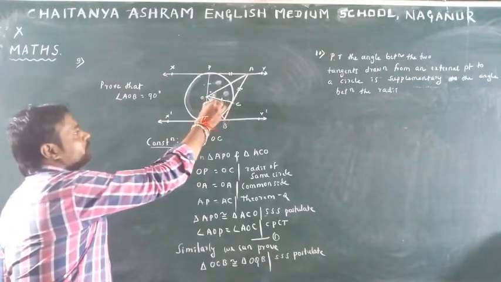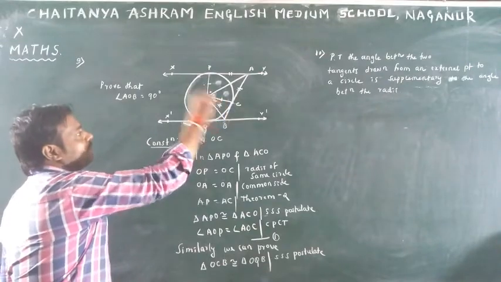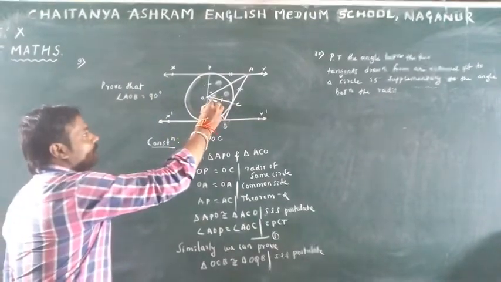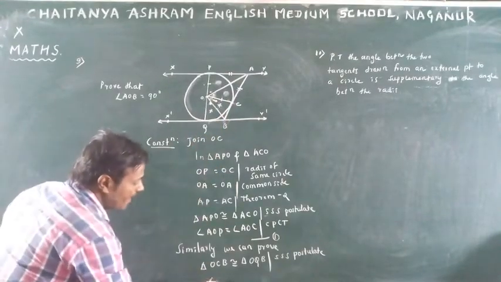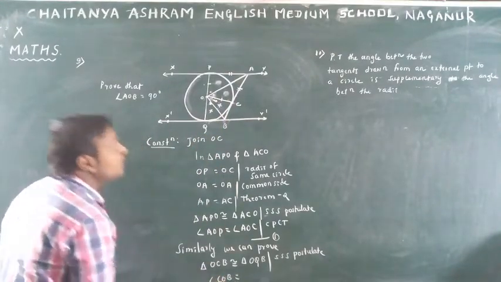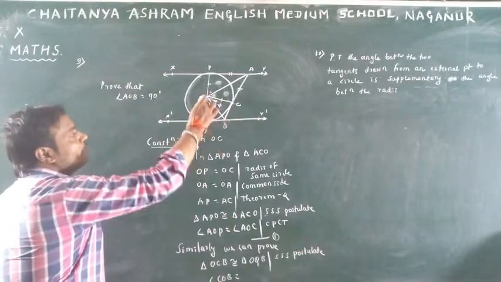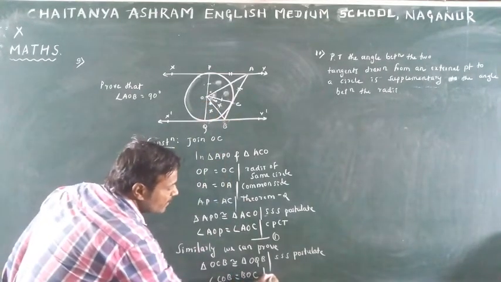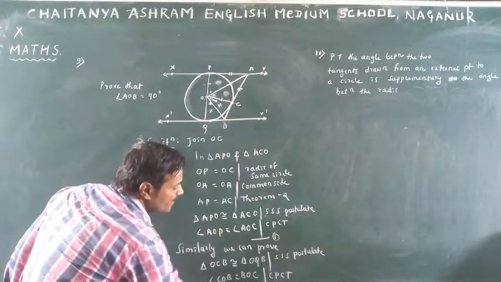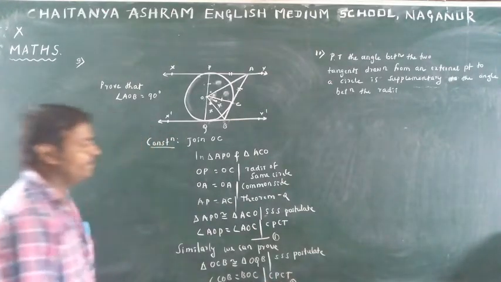See here, I mark angle COB is equal to angle QOB. This is because of CPCT. Say this result is 2.